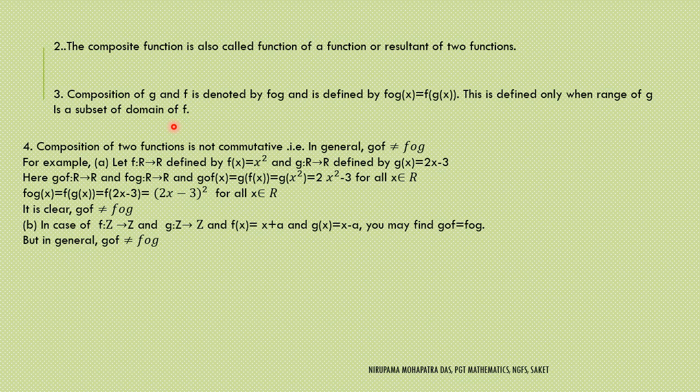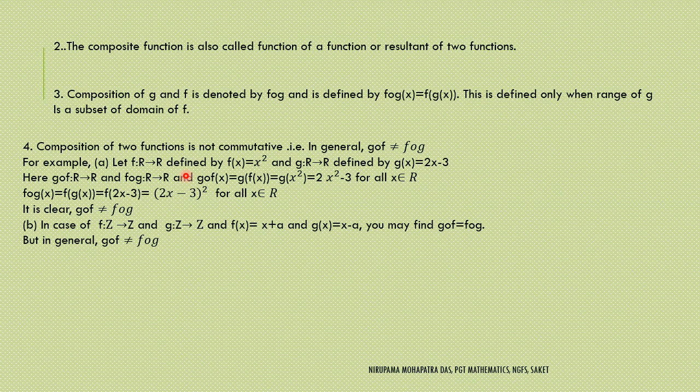Now the fourth observation is that composition of two functions is not commutative. So let's verify whether composition is commutative or not. It means, is G of F equal to F of G, or G of F not equal to F of G? I have taken two cases here.